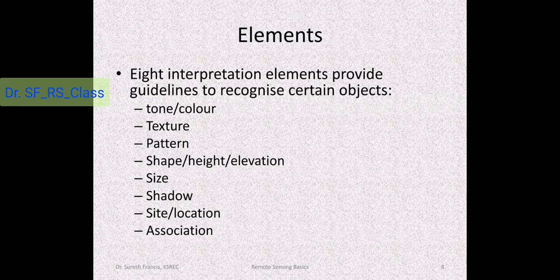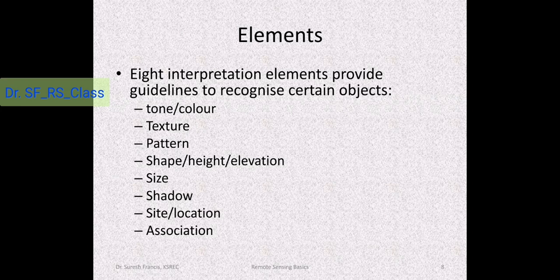The same tone or color or texture will be showing two different objects. In Kerala, a bright tone may not be snow, but in the case of Himalaya, bright tone will be snow mostly. And also a paddy field you will not find on the top of a hill. So paddy, if it is there, it will be in the valleys, on the downside of the hill. So such kind of site and location and association.